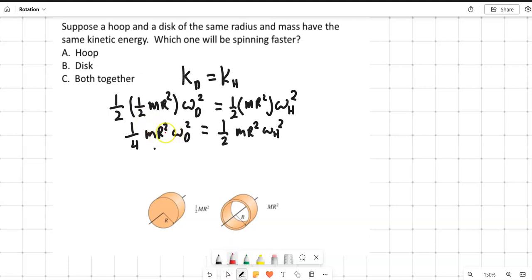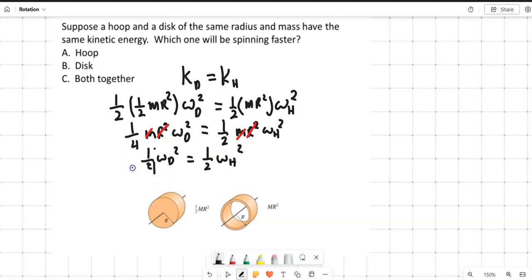So in this problem, some things cancel out. The m's cancel out since they're on both sides. The r squareds cancel out. And then what we have on the left-hand side is, oops, that should be 1/4, 1/4 omega d squared. And this is going to be 1/2 omega sub h squared.